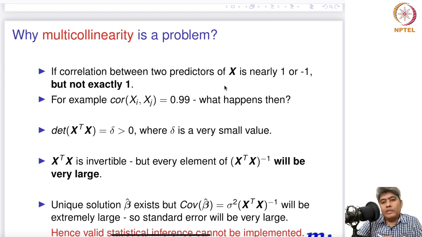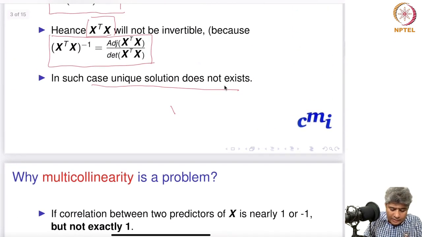If one column is exactly linearly dependent on another, effectively you can write Xi equal to some constant times Xj. If we know there is a column exactly linearly dependent on another column, then we will not put that column in our data set at all. So this is an extreme example.